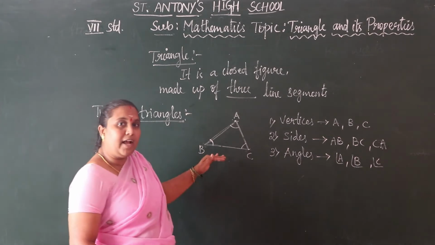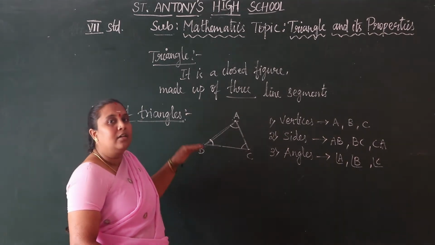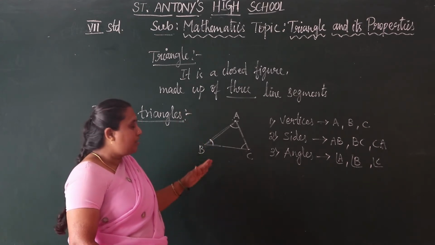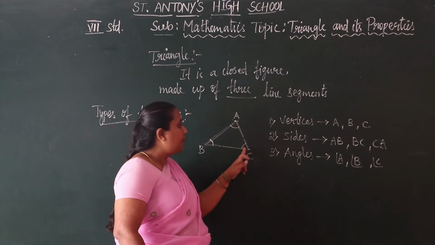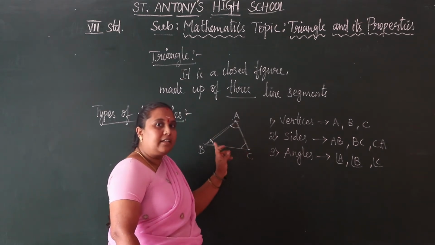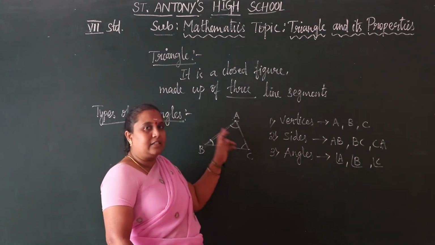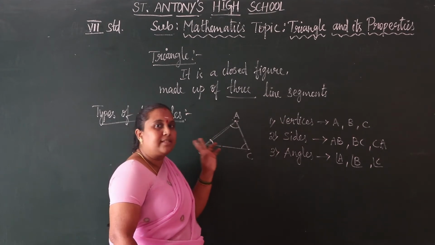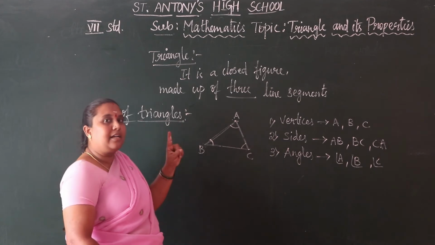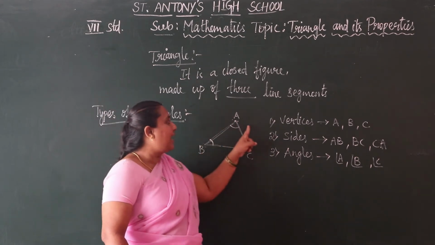They are classified into two types: based on angles and based on sides. So we have two subdivisions in the types of triangles. First let us see based on sides.